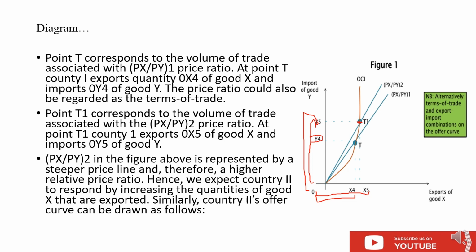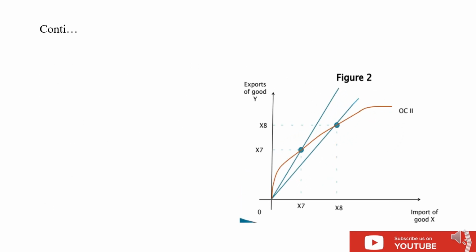But here one country wants more and the other country offers less. So this is the disequilibrium between the two countries. So this second figure is about the excess supply.